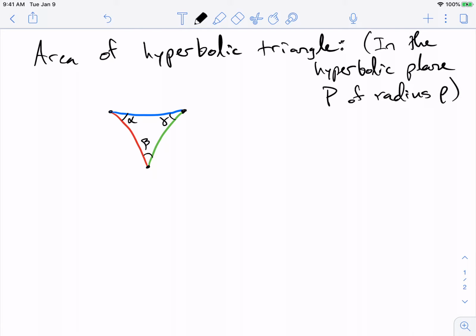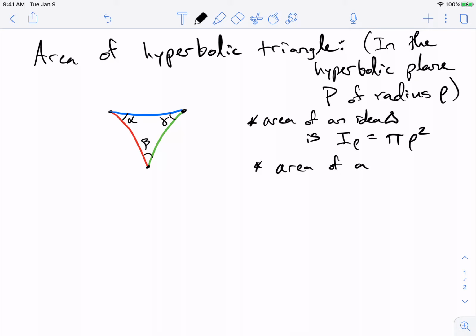Then the area of an ideal triangle, I guess we called it I rho, ideal, is given by pi rho squared. We did that calculation.